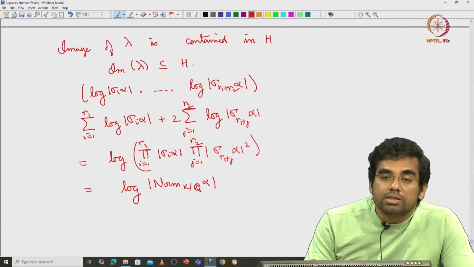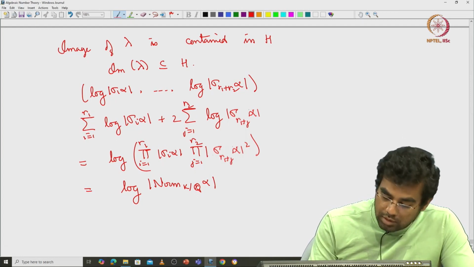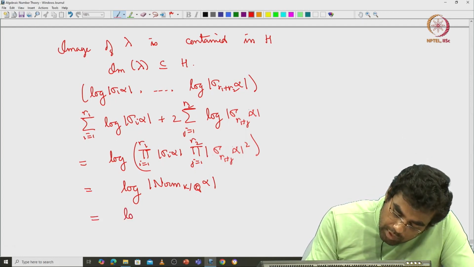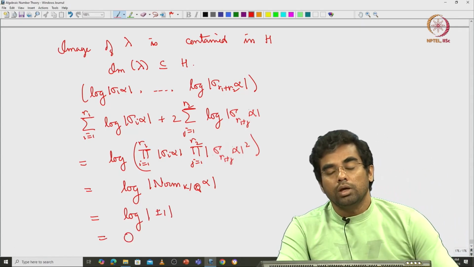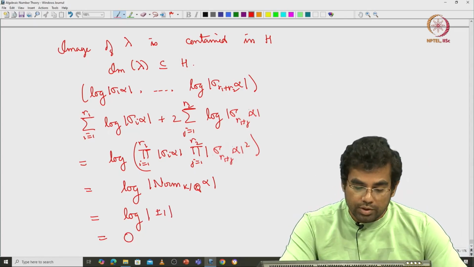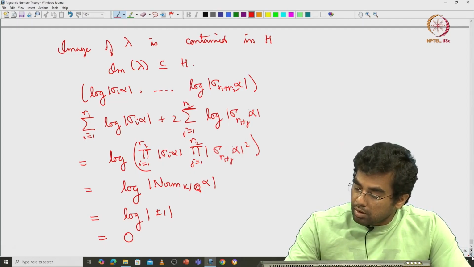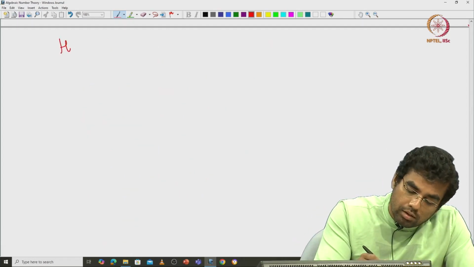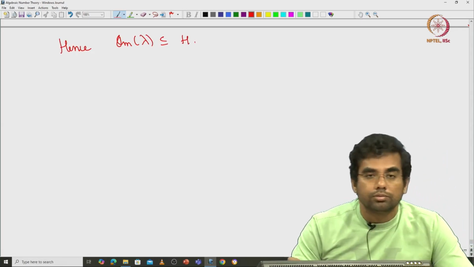And by this easy exercise that I had in the statement of the theorem, this is the same as log of mod of plus or minus 1, which is 0. All right. So, that gives us our claim that the image of lambda is contained inside H.